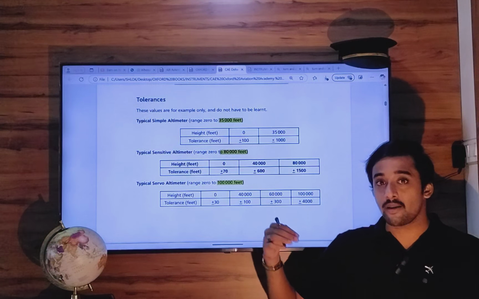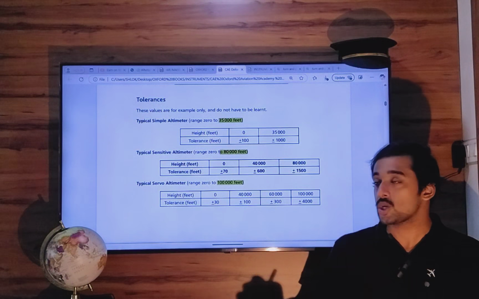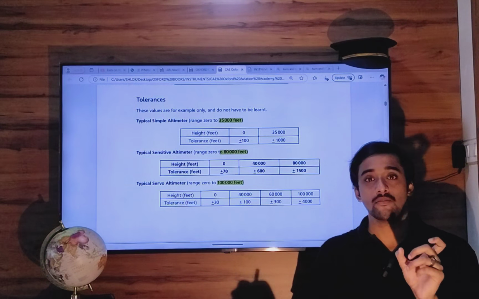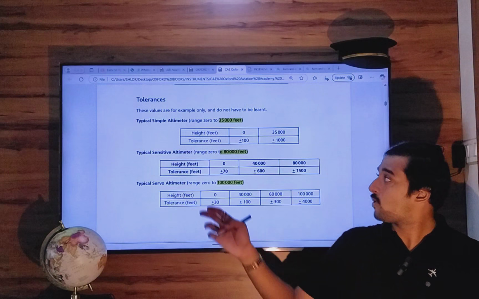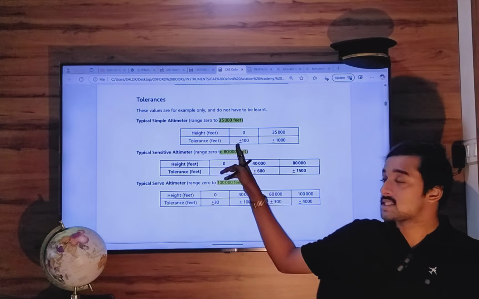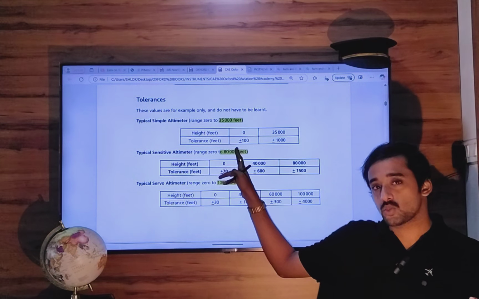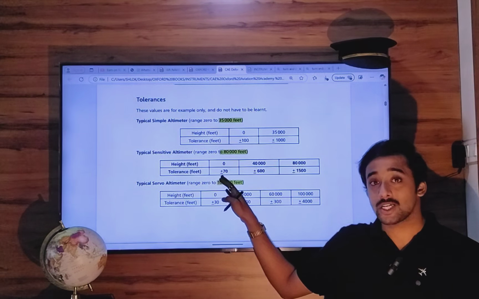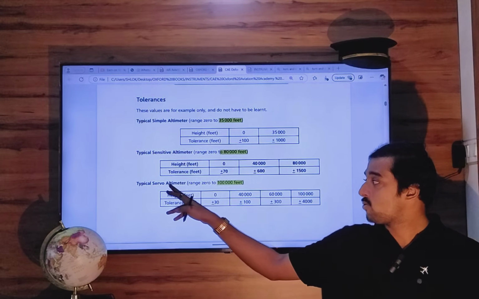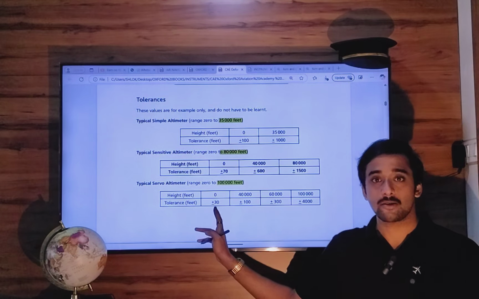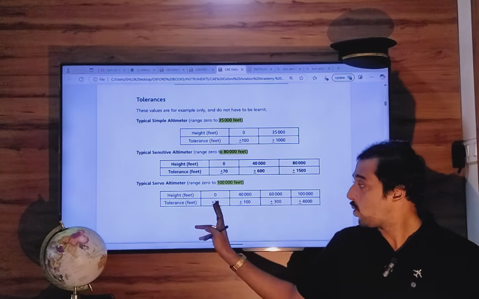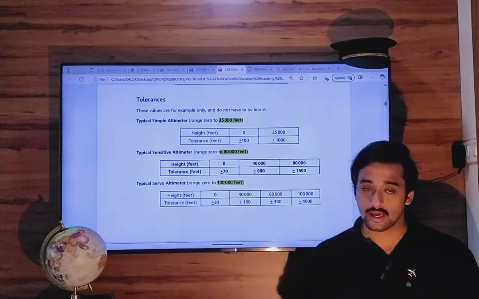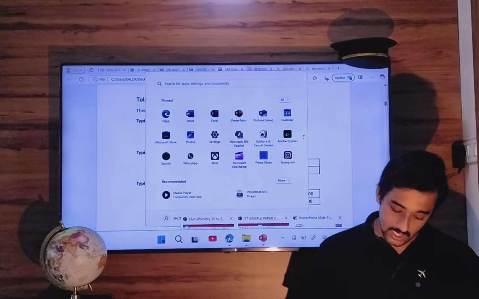So the working capacity increases and also the tolerance limits become more and more accurate. For a simple altimeter at sea level, the tolerance is plus minus 100 feet. For sensitive, it becomes more accurate, plus minus 70. For servo altimeter, the tolerance limit becomes even more sensitive, only plus minus 30 feet. So remember all the tolerances at sea level.